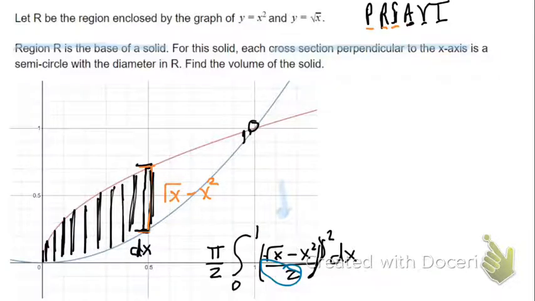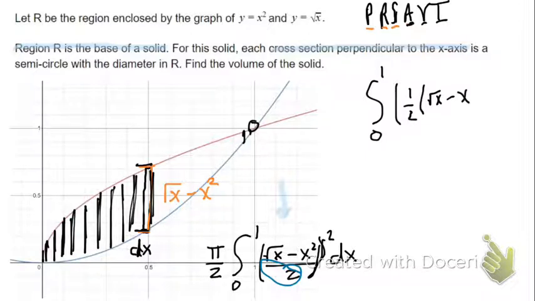What I see is I've got this integral from 0 to 1, and inside of there I've got 1/2 multiplied by the root of x minus x squared, and that whole thing is squared. So I'm just rewriting all of this inner stuff.